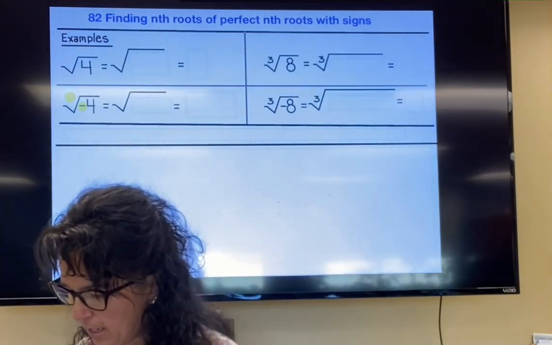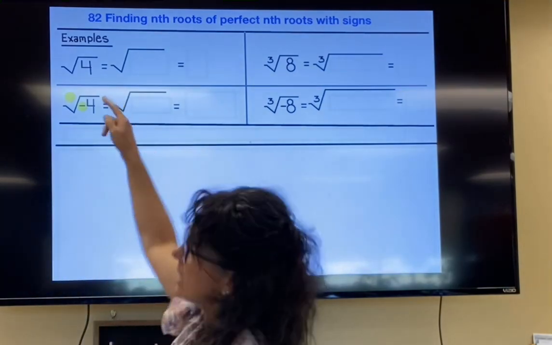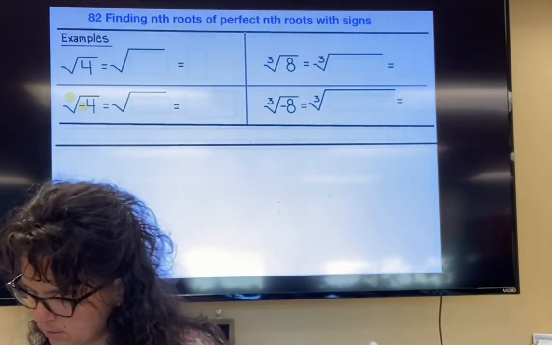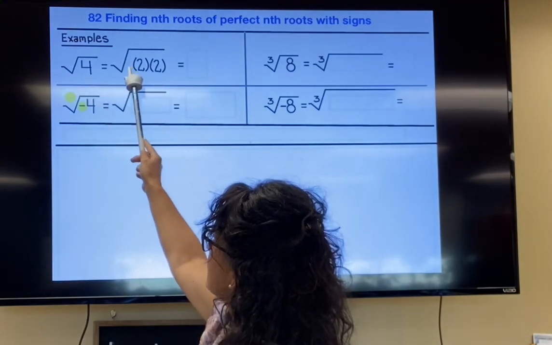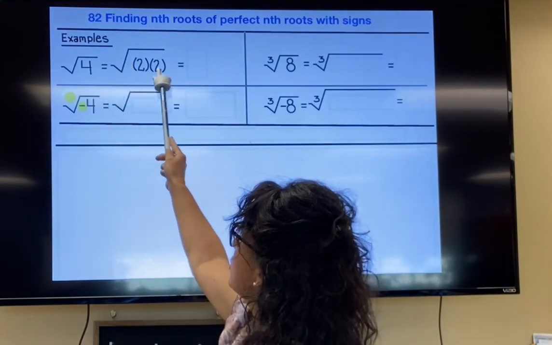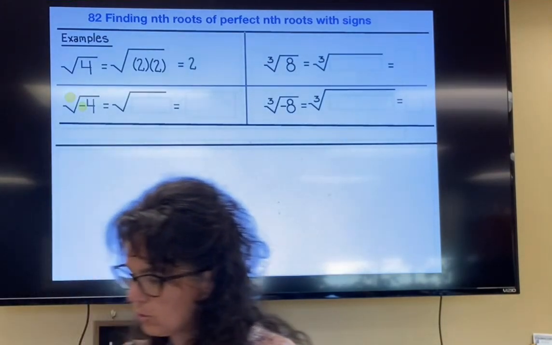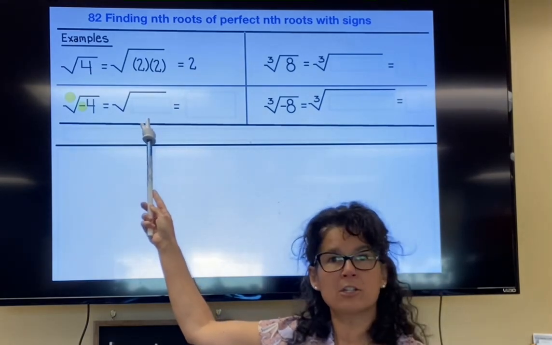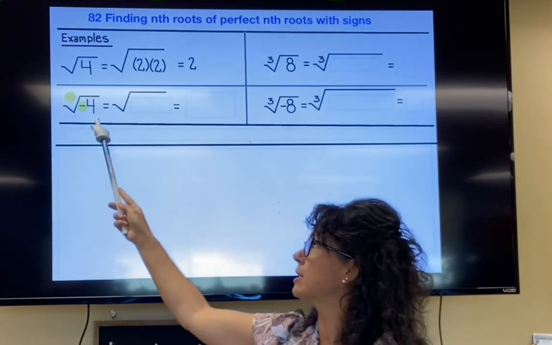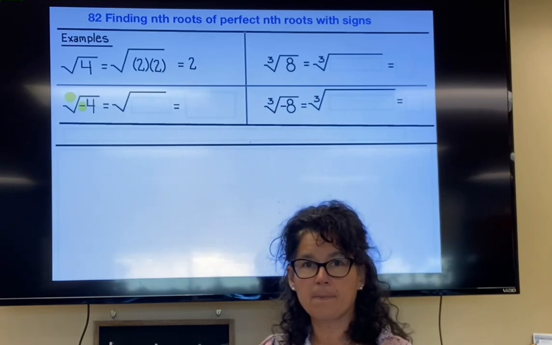Okay, so then from there, finding these roots, this one here says, well, 4, what number times itself is 4? 2 times 2 is 4, so the square root is 2. Now, if you tried to think of 2 identical numbers that multiply together to get -4, we can't do it.